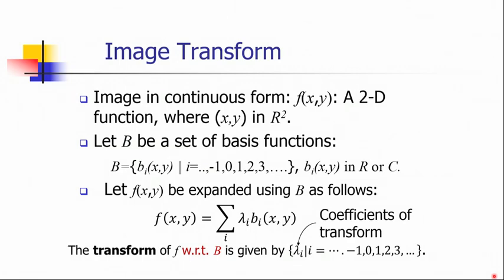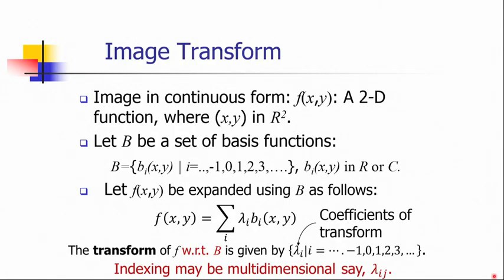So, you can see that this is an alternative description of the image. Instead of representing the image by the functional form of f(x, y), I can simply represent it as a list of coefficients, or even these coefficients can be a function of indexes. So, indexing may be multidimensional.